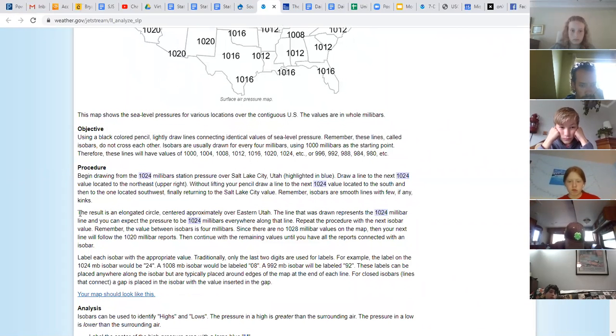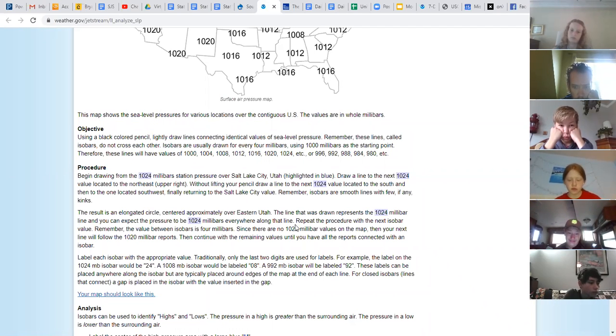The result would be an elongated circle centered approximately over eastern Utah. The line that was drawn represents the 1024 millibar line, and you can expect pressures to be 1024 everywhere along that line.